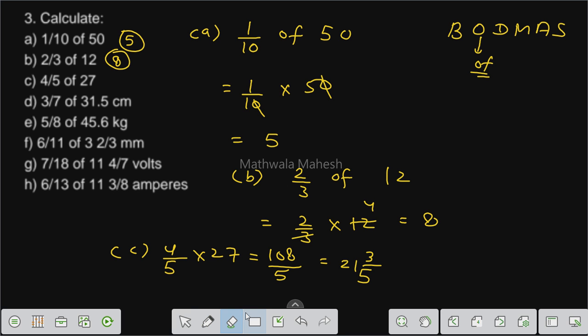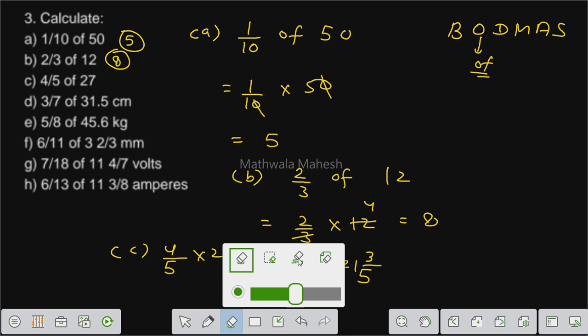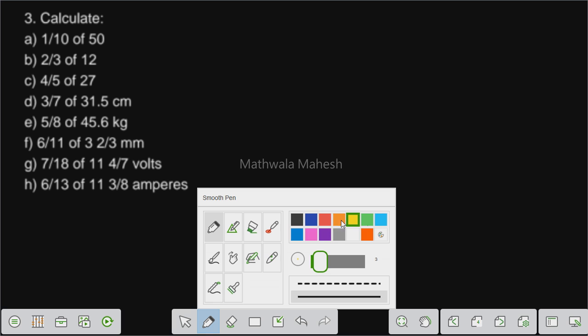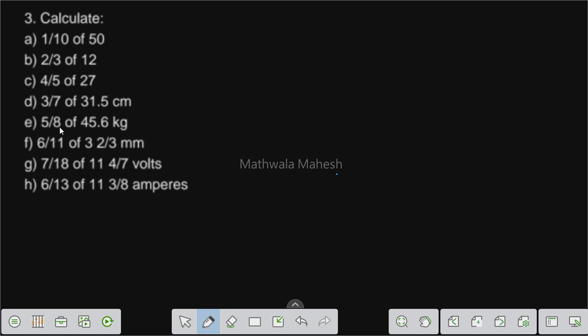And do the remaining questions, which are D and E. Okay. Do the calculation.